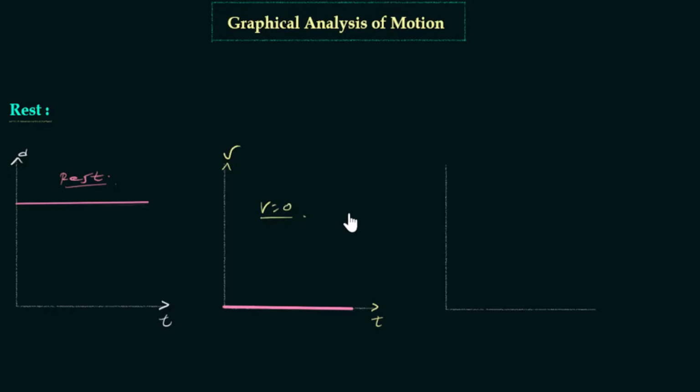Also, velocity is not changing, so for the acceleration versus time graph, acceleration is zero. So these are the three graphs which represent the motion which is rest kind of motion.